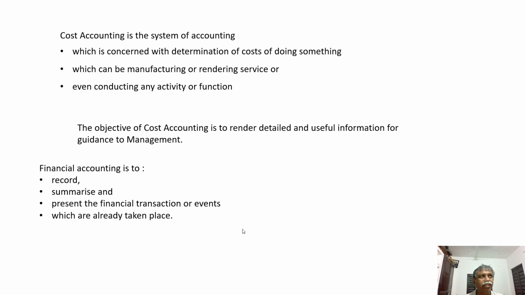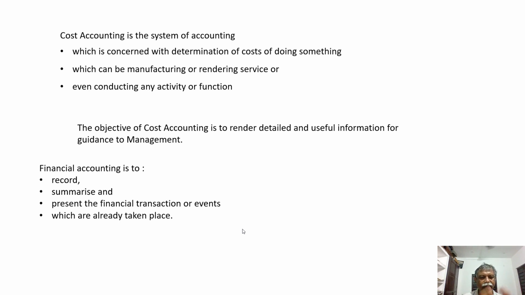You know what this "already" is talking about? See, financial transaction. What do you mean by financial transaction? Financial transaction means any transaction which has money involved, then it is called a financial transaction.